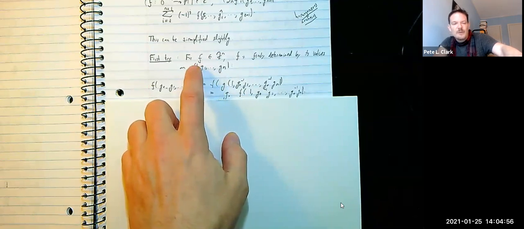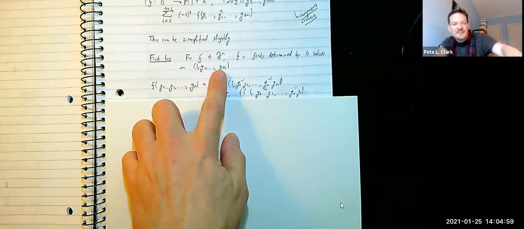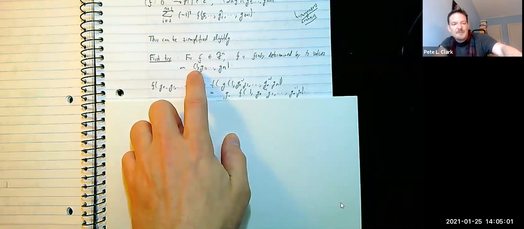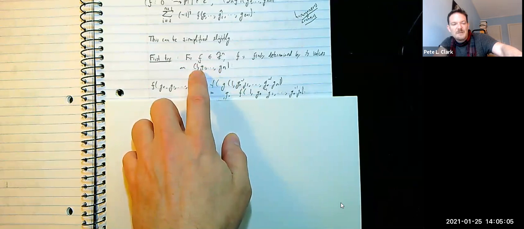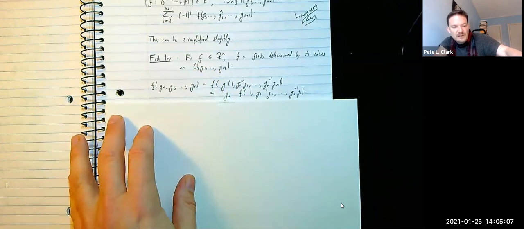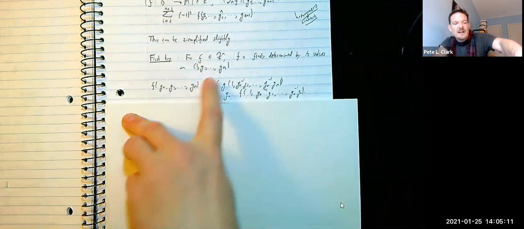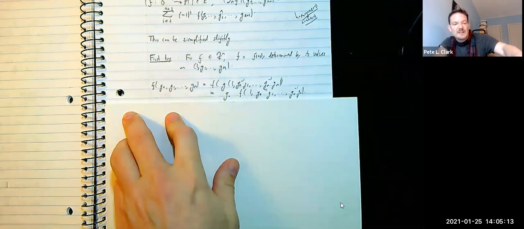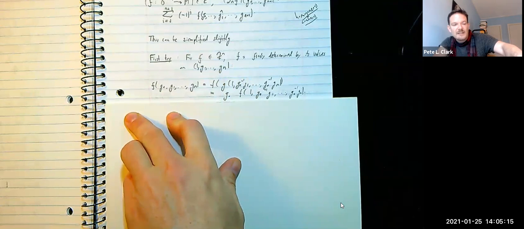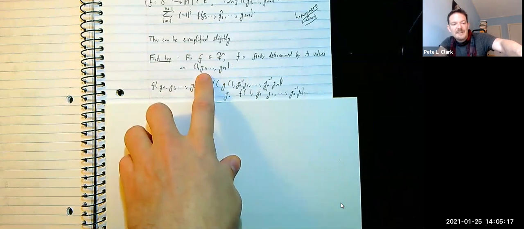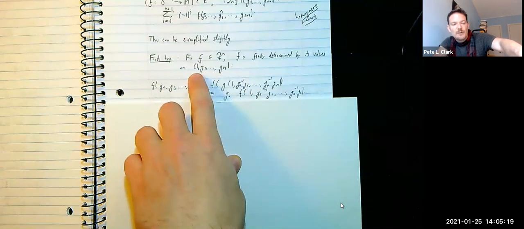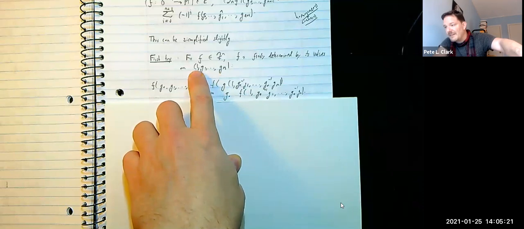If you start with G0, G1, up to Gn, and then you act by G0 inverse, you're in the same G orbit, and now you've made the 0th coordinate equal to 1. And so because it's G equivariant, such a function is going to be uniquely and freely determined by its values on tuples where the 0th coordinate is equal to 1.